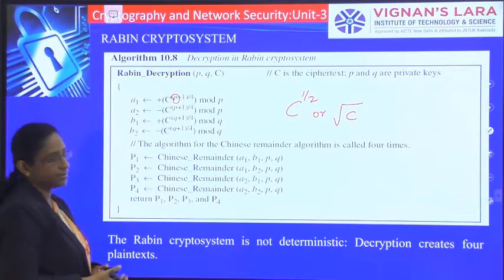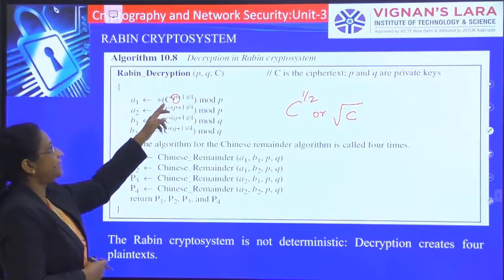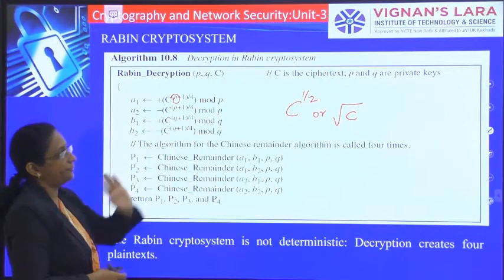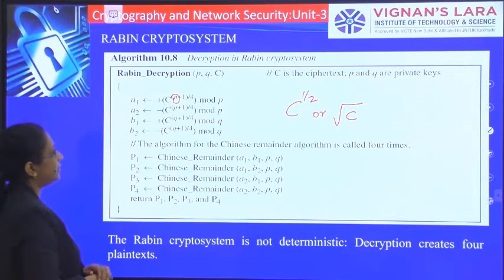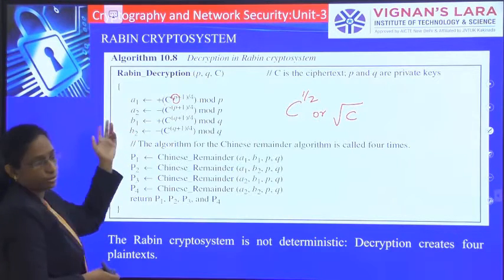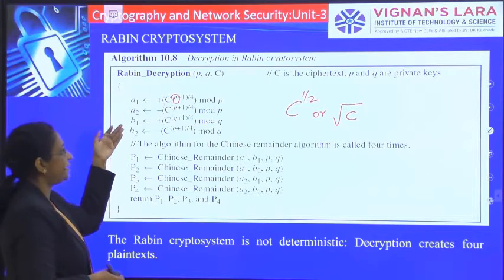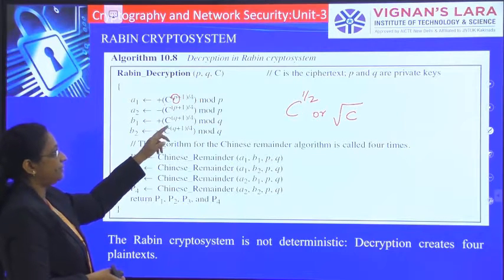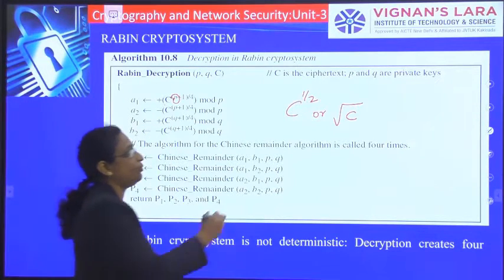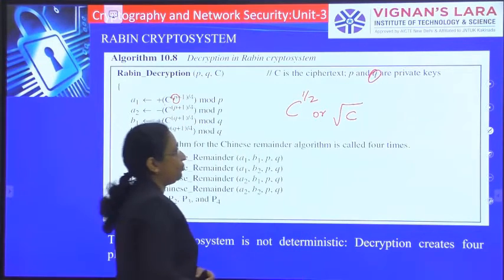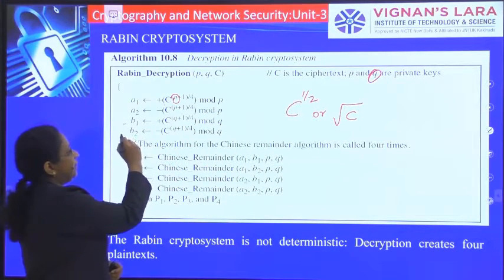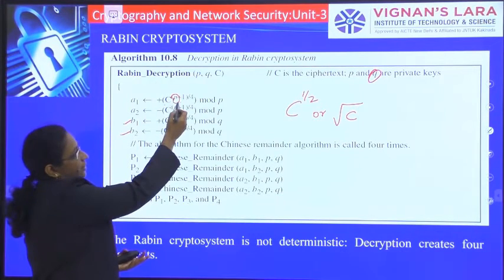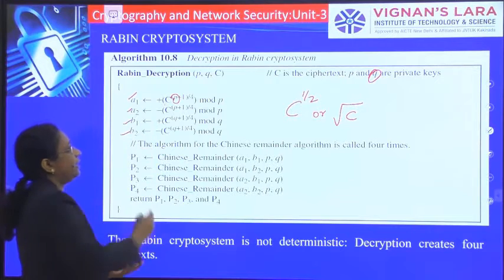Since we have to decrypt using the private keys, we take C to the power of (P plus 1) by 4 mod P. Similarly A2, one in plus and one in minus, and similarly B1 and B2, which we get using the Q private key, in plus and minus. By taking the other private key P, we get A1 and A2.